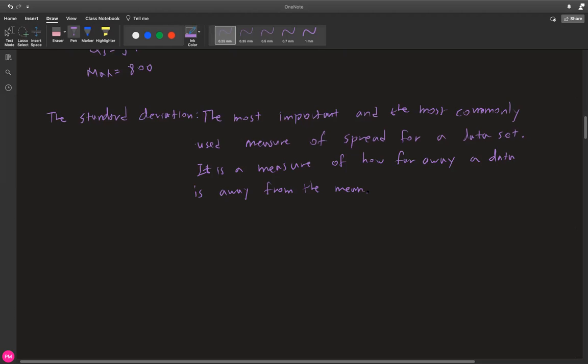Simply said, standard deviation is a measuring tool. If you want to find how far away a specific point is from the mean, this is the tool to use. Someone might argue, why wouldn't you just take the difference between the mean and a specific point?